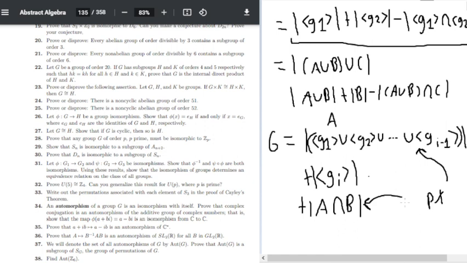So if P also doesn't divide this, all right, so we know that P will not divide this right here.